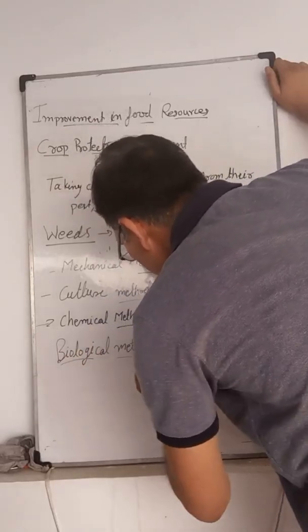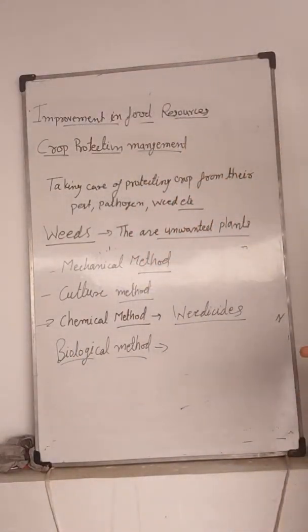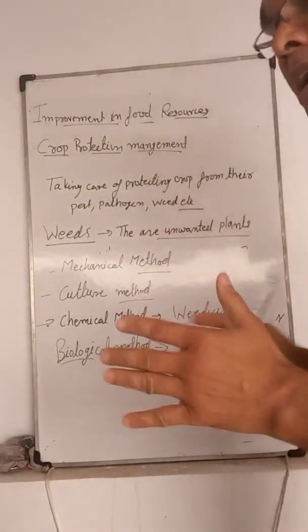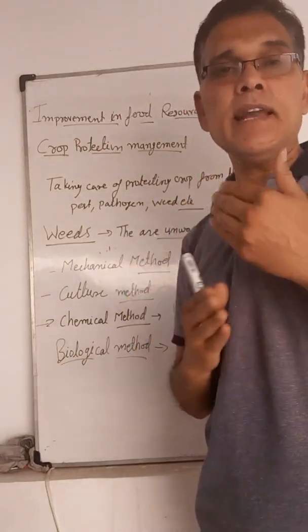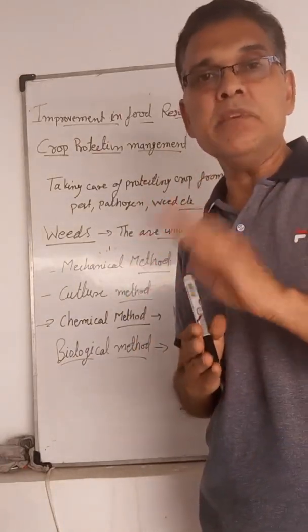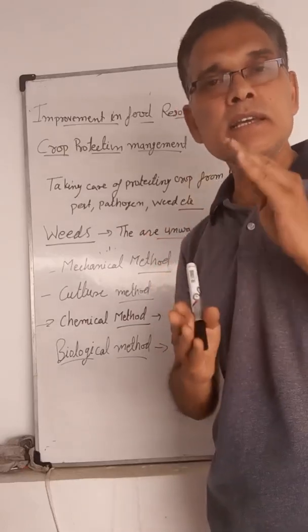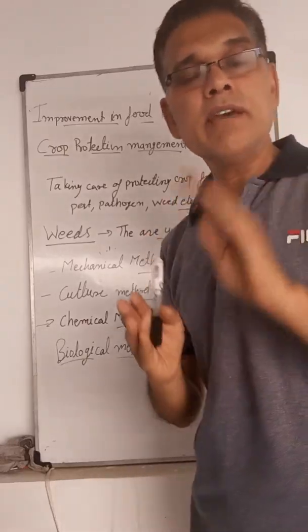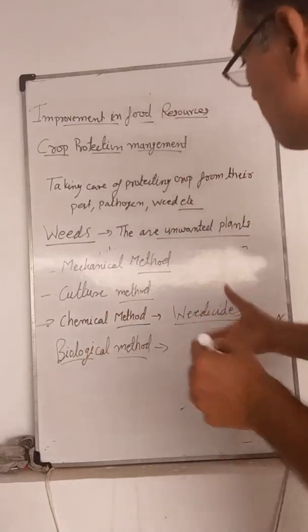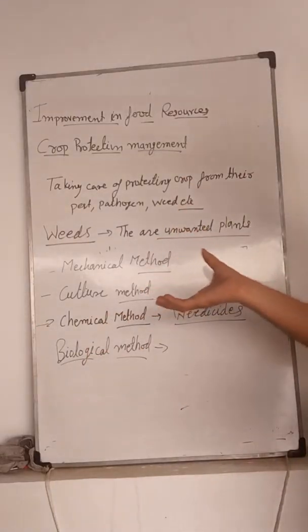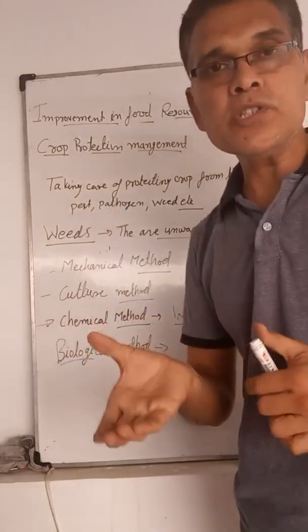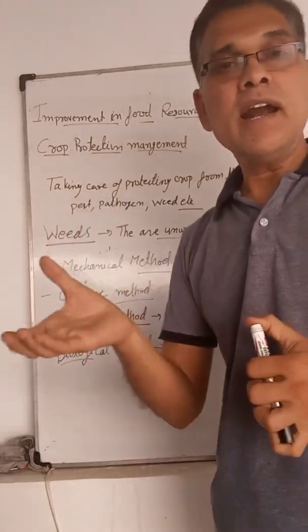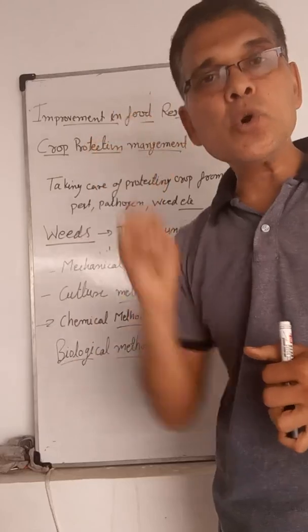And last one is biological methods. Through biological methods, we can also control the weeds. How? In nature, each and every plant and animal has its enemies. If we introduce the natural enemy of the weeds, that enemy controls the weeds.